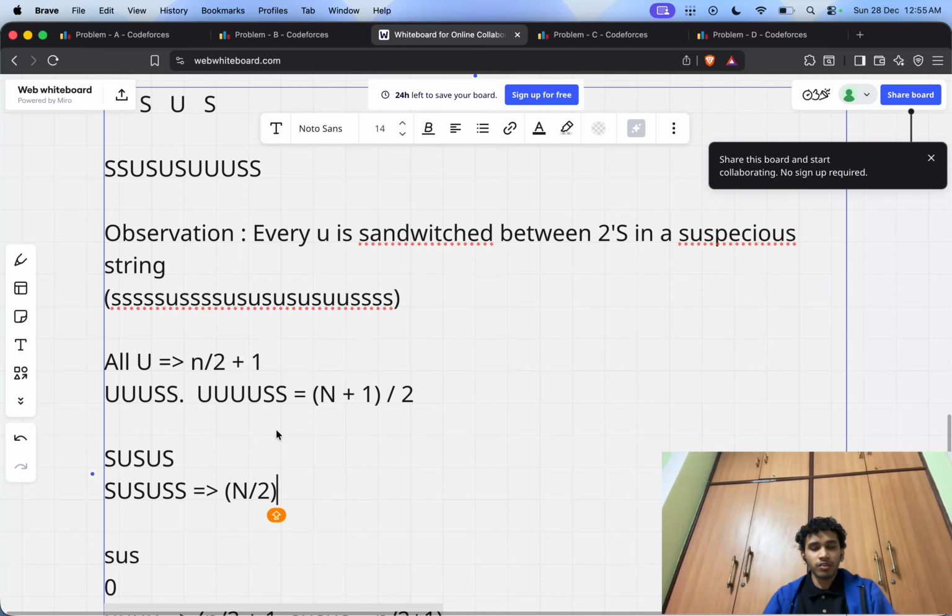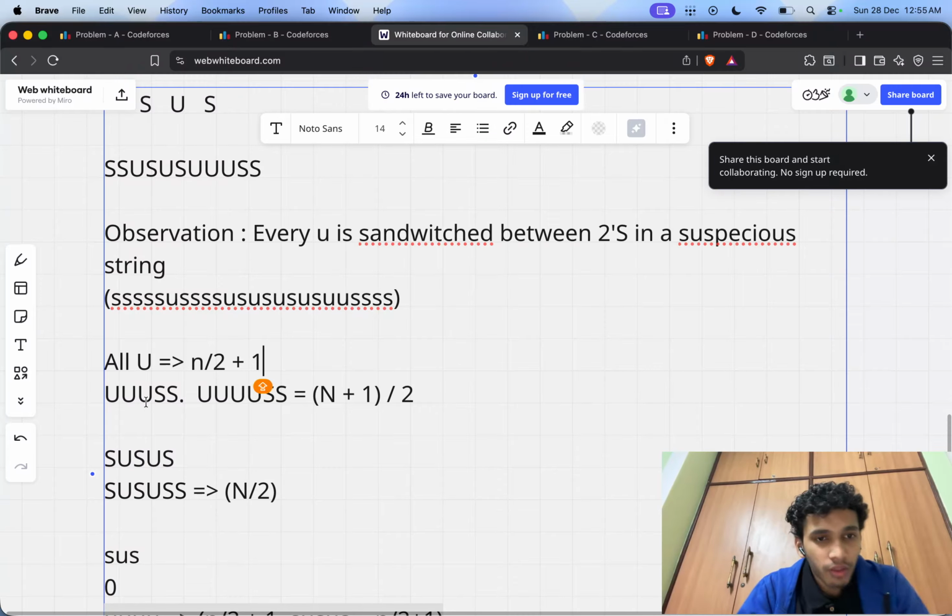All right. So this gives us the conclusion that if the string consists of all U's, then replace it with some S, and how many S are required? The floor of n by 2 plus 1.